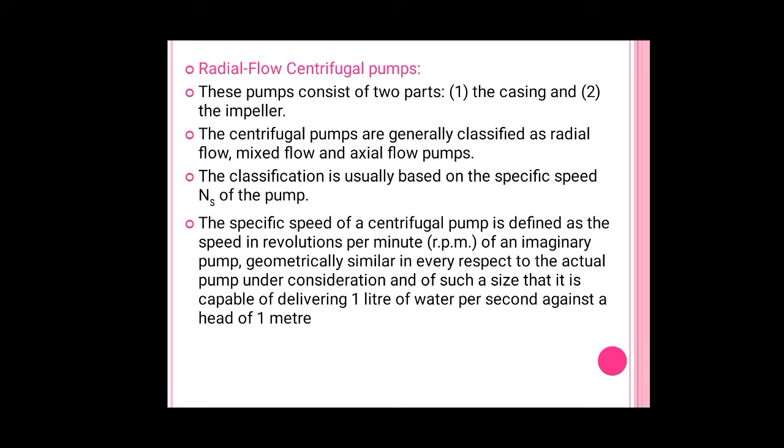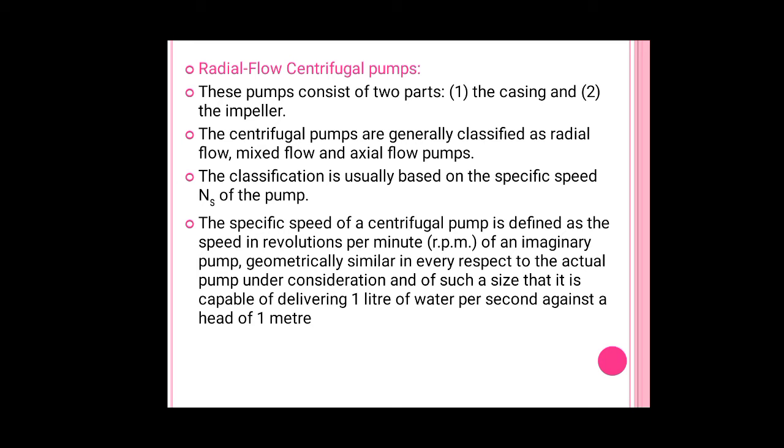Now the first is the radial flow centrifugal pump. This pump consists of two parts. The first one is the casing and the second is the impeller. Centrifugal pumps are generally classified as radial flow, mixed flow and axial flow pumps. The classification is usually based on the specific speed of the pump.